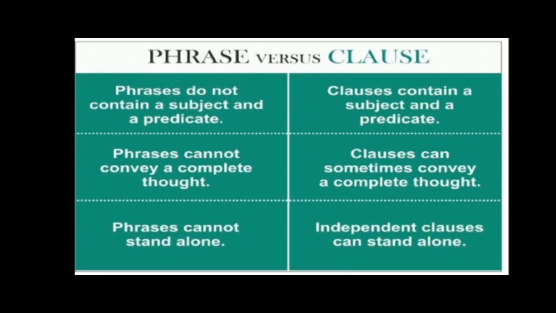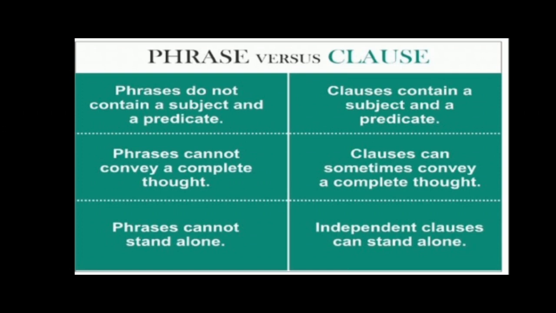The next important topic is the difference between phrase and clause. As you can see in the chart here, phrases do not contain a subject, while clauses contain a subject and predicate. So in a phrase we do not have any subject, any verb, or a complete thought. But in contrast, in a clause we have the subject, the verb, and the complete thought.